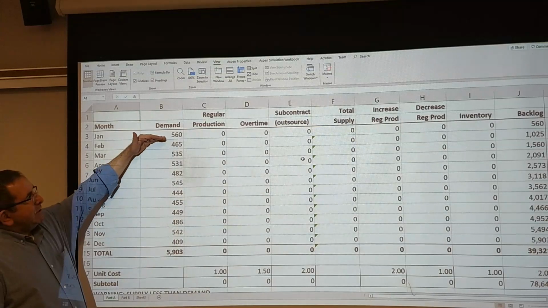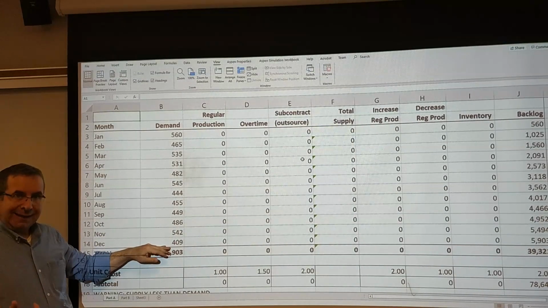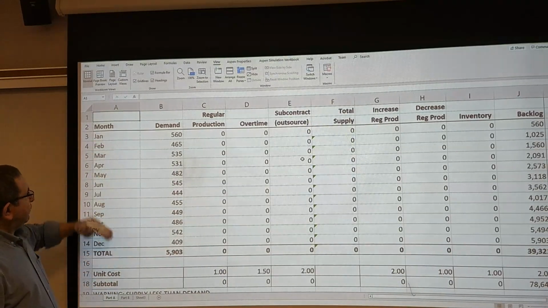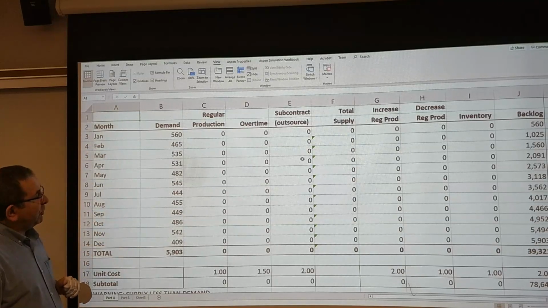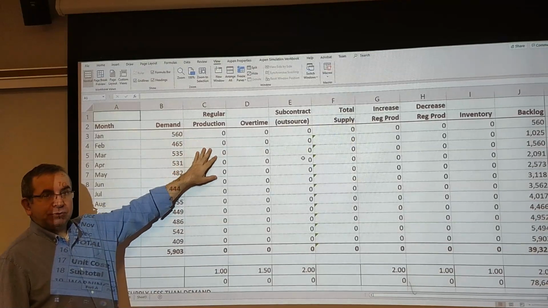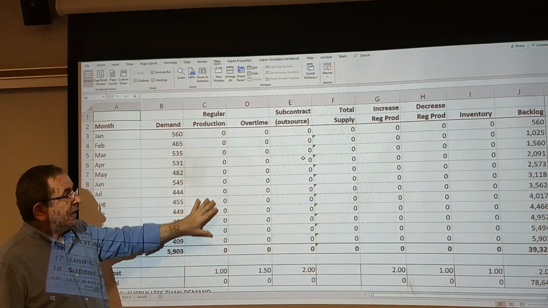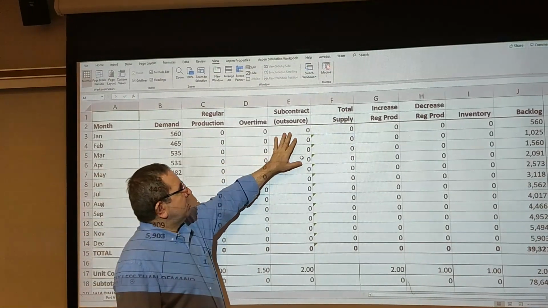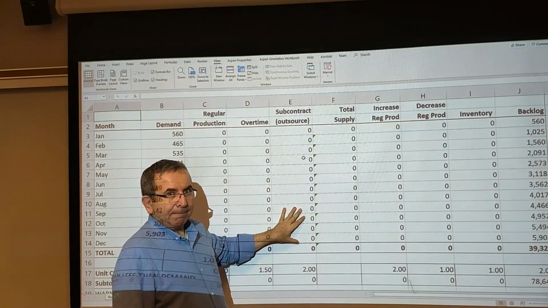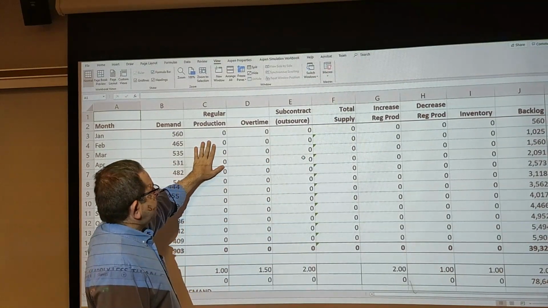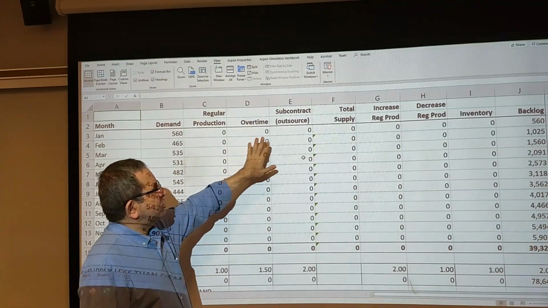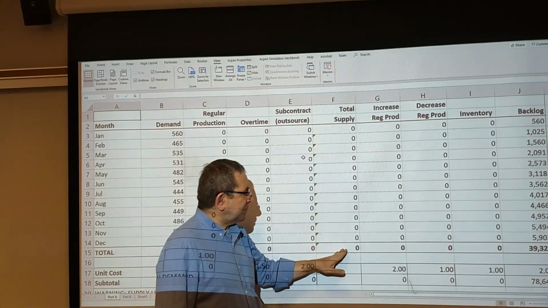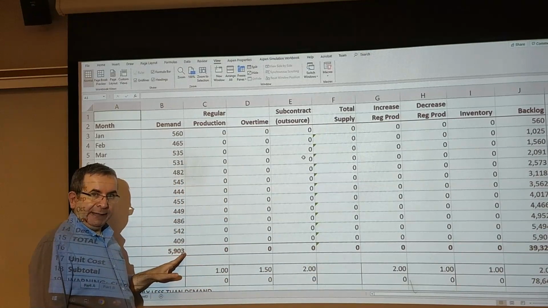So these are the forecasts. They come from S&OP, the Sales and Operations Plan, and these are the months from January to December. We need to decide how much to produce during regular time, how much to produce during overtime, and how much to outsource. If we add regular time production, overtime production, and outsource production, we will have the total supply, and total supply must equal total demand.